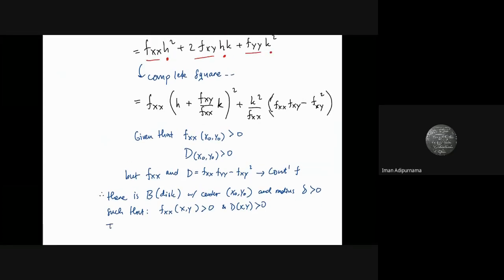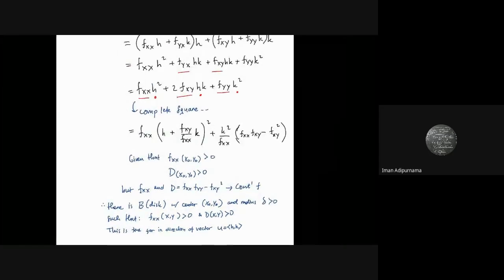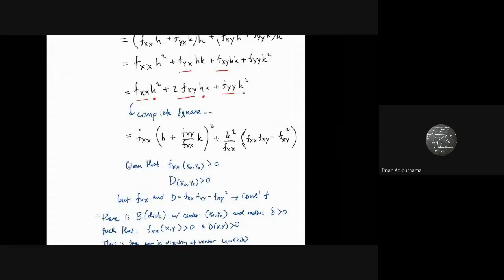So this is true for every, no, only in direction. It's true in direction of vector u. Okay, yeah, more or less, but I think this is just to show how to find the formula.